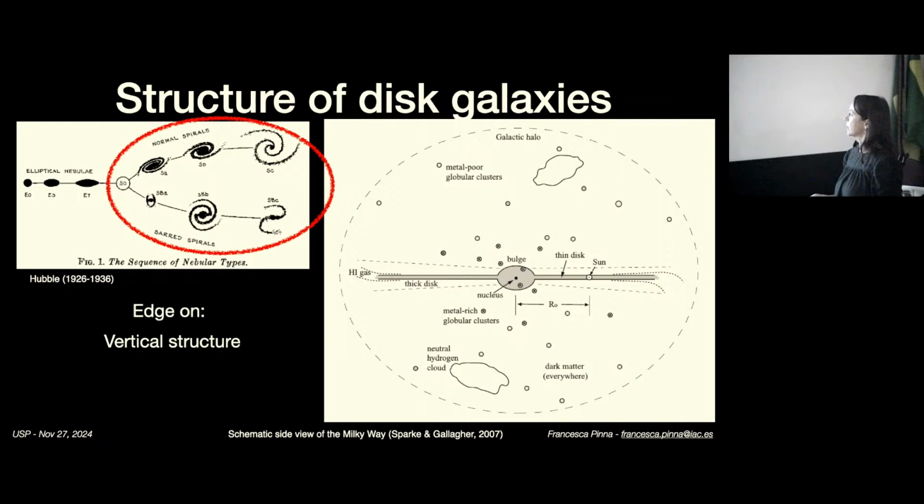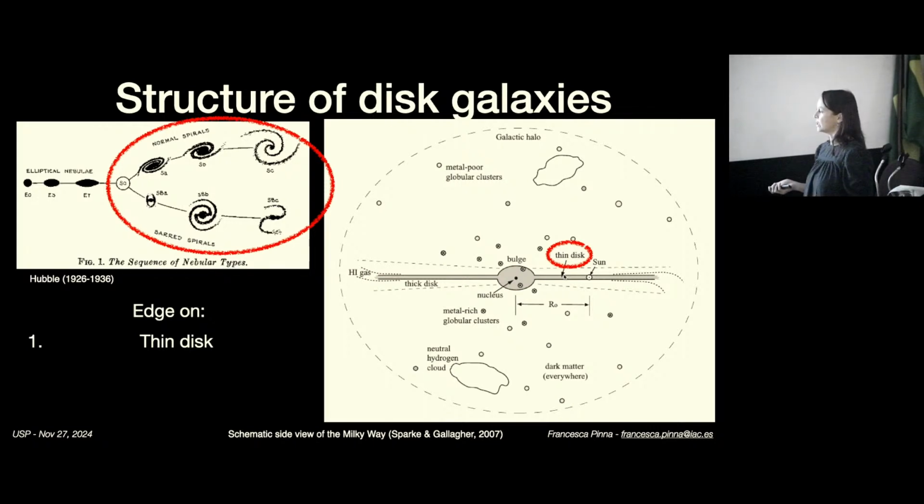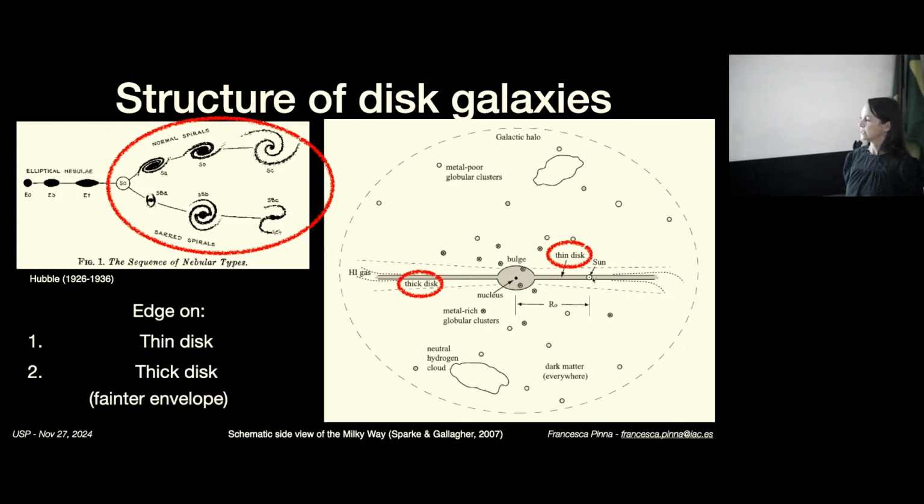We can see there is a bright thin structure in the midplane here, which is the thin disk, where we have most of the star formation going on, most of the gas, and where we also live. This is a schematic view of the Milky Way, and the sun is here. But then we have also another structure which is thicker and fainter, which is called the thick disk.